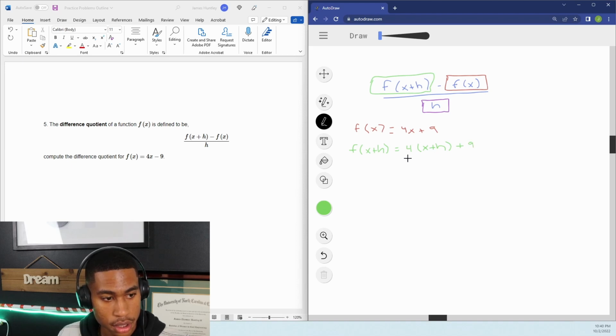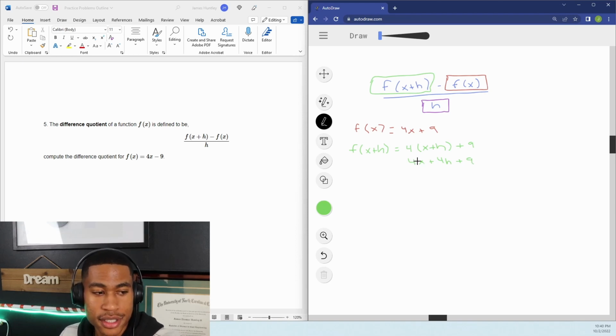All right, so we know that this is 4x plus 4h plus 9. It seems like we're getting somewhere. So we know what f of x plus h is. We know what f of x is. And we know that h is just h. It's literally h.